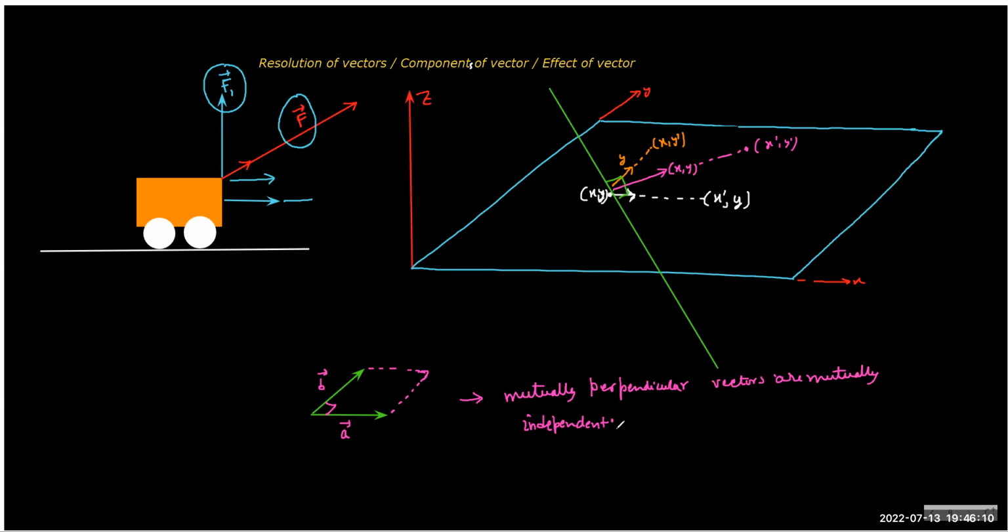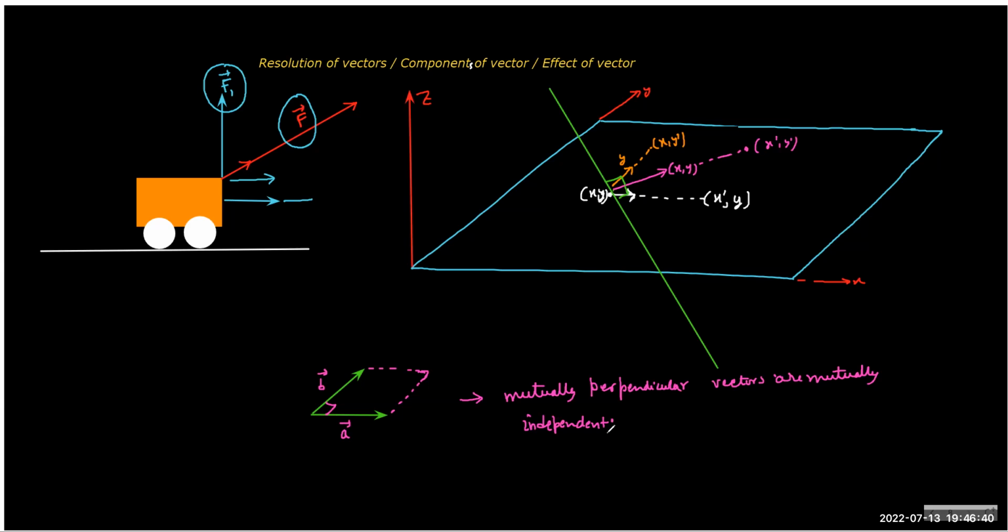So whatever you do in the x direction and whatever is happening in the y direction, that will happen independent of what is happening in the other direction. And that independence is the backbone of the entire mathematical theory. So the entire field that we are going to learn further is based on this criterion, that mutually perpendicular directions are independent.